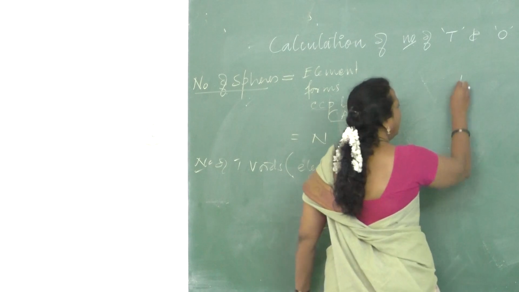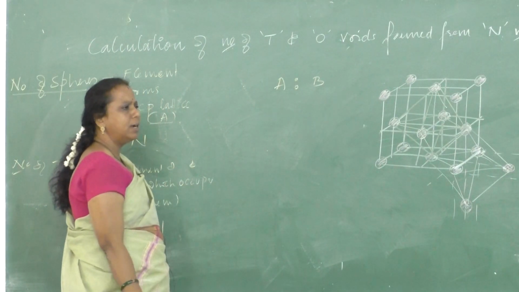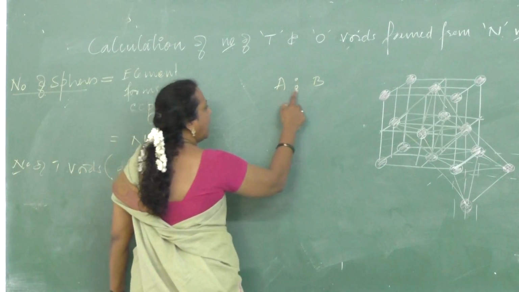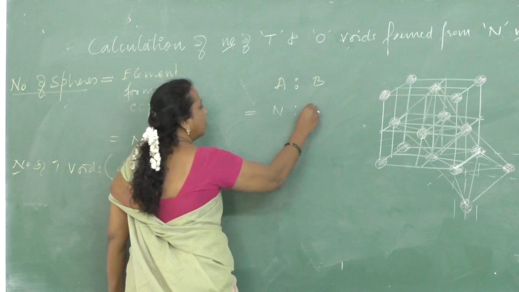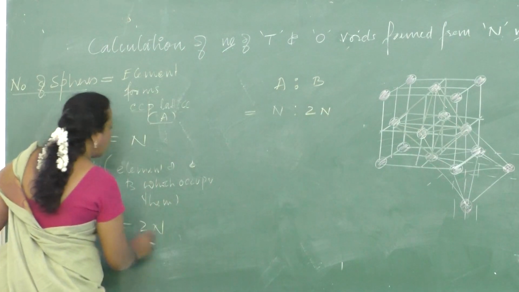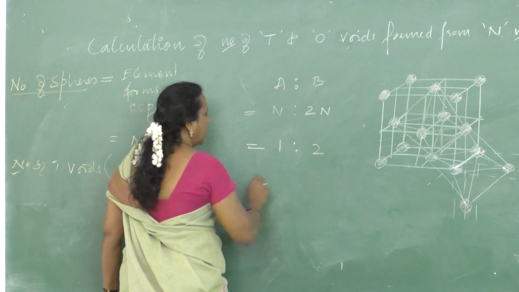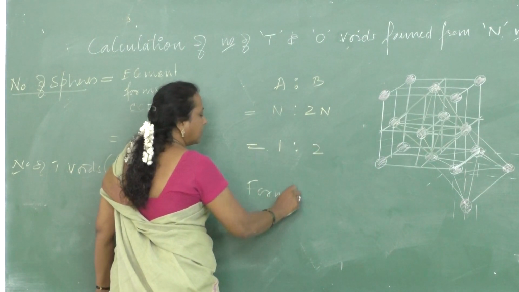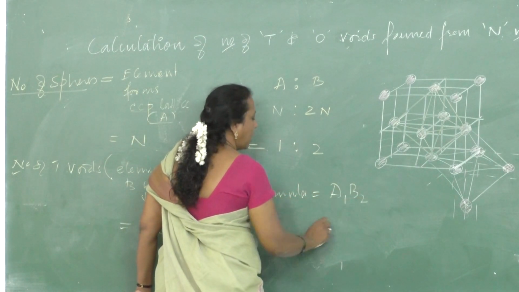To know the formula, I should know the ratio of A atoms and B atoms. Number of A atoms to number of B atoms is n to 2n, or 1 to 2. So the formula of the compound is A1B2, or else AB2.